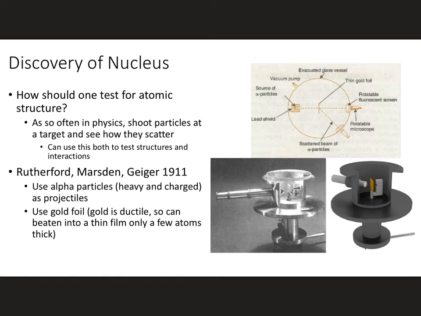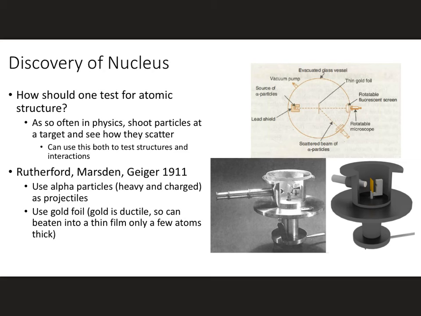You have the source of alpha particles here in its lead. It comes out, you have the thin gold foil, and you look for what comes out on a little scintillating plate that you view with a microscope. You need to be able to move the microscope around to see how much comes off at what angle.